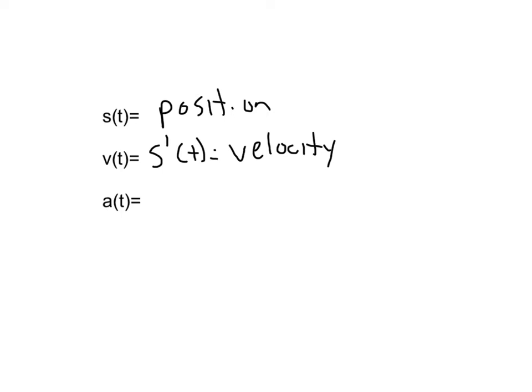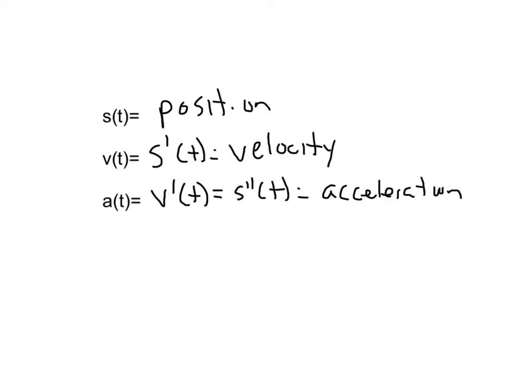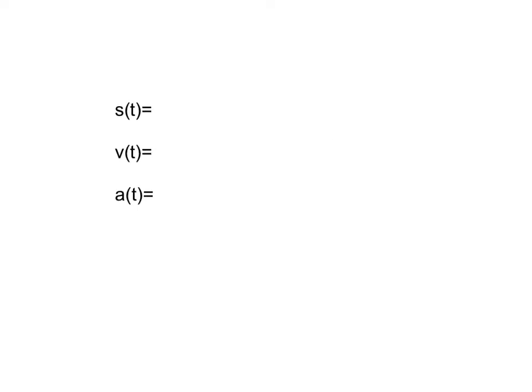I could derive velocity or find the second derivative of position to get acceleration. We can use our understanding of that relationship and our understanding of integration to work backwards.